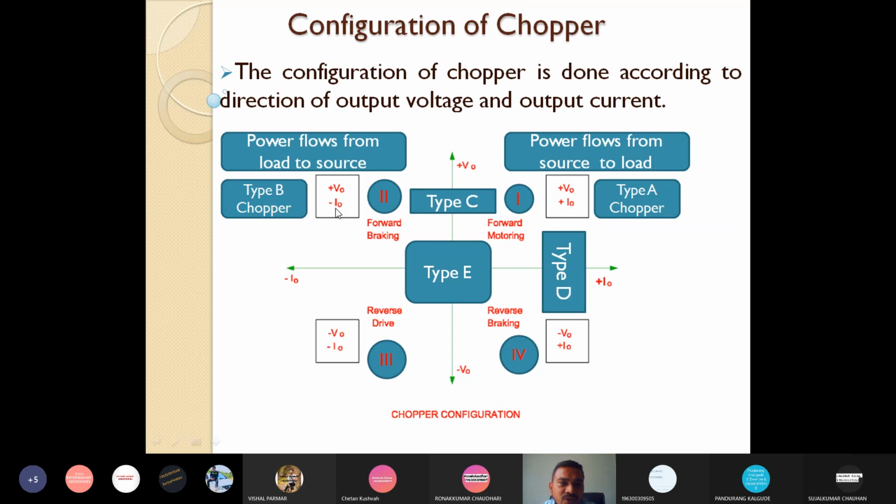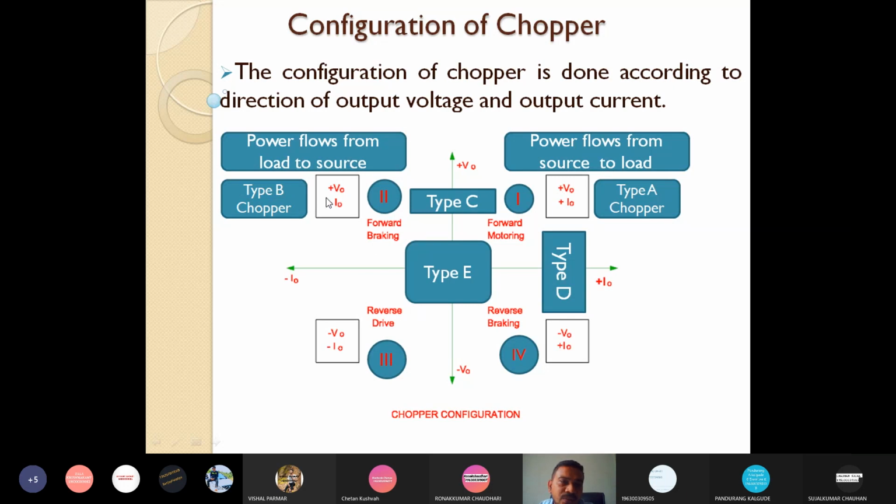As the output current flows in the reverse direction, power flows from load to source, whereas in type A chopper power flows from source to load because output current is positive.